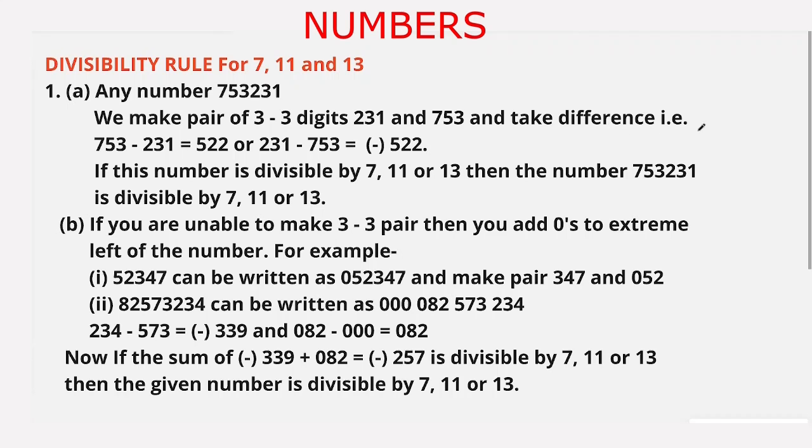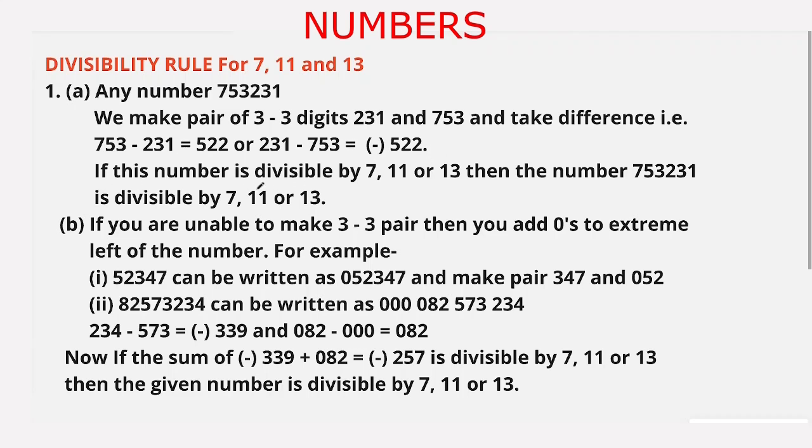And take the difference, that is 753 minus 231 equal to 522, or if we take 231 first, then 231 minus 753 equal to minus 522.